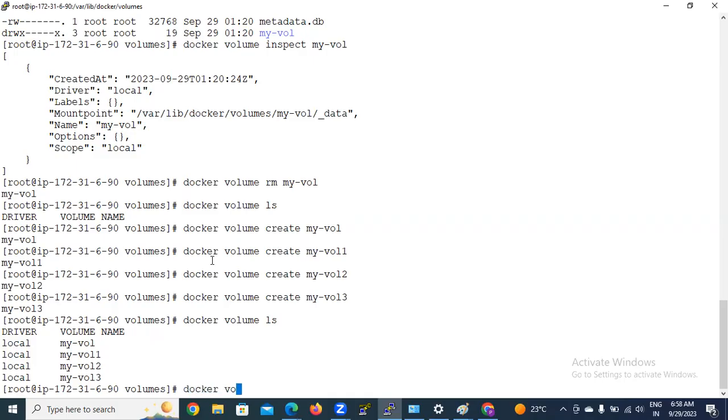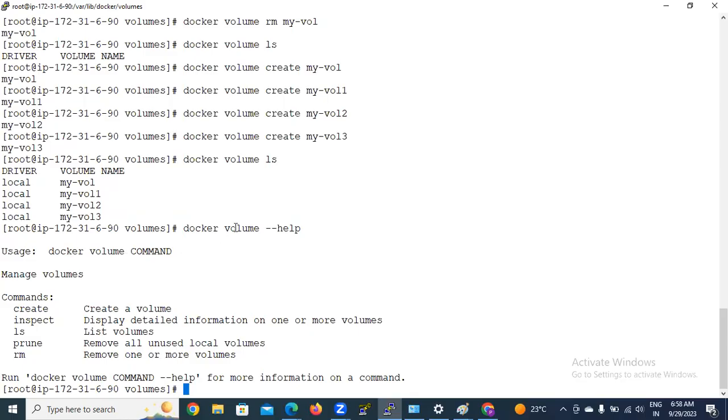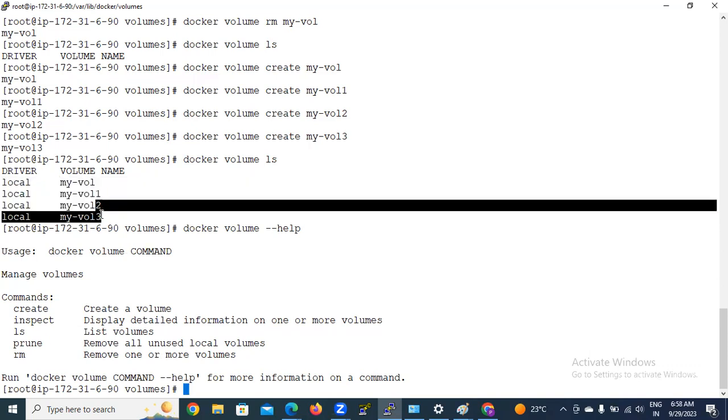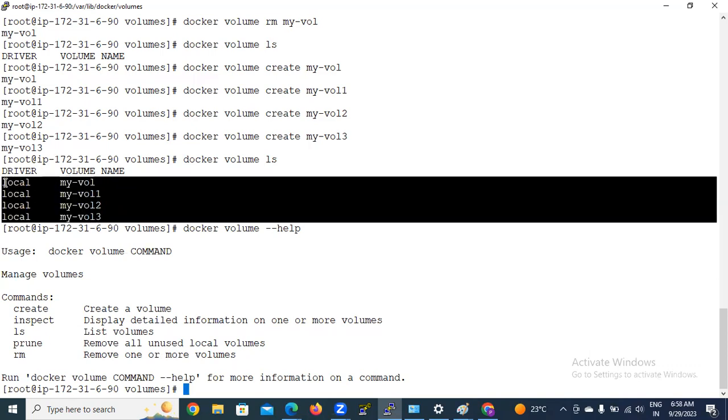With this command you can delete, remove all unused local volumes. Whatever volumes you have created locally and by mistake missed using, if you want to delete them, use this command.